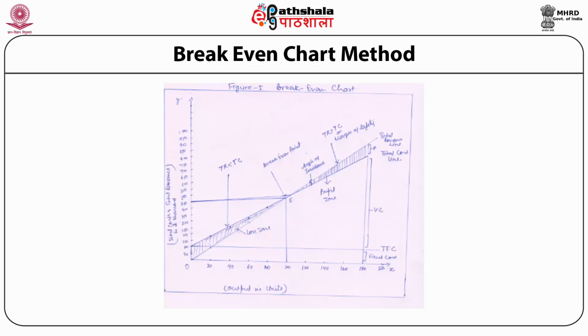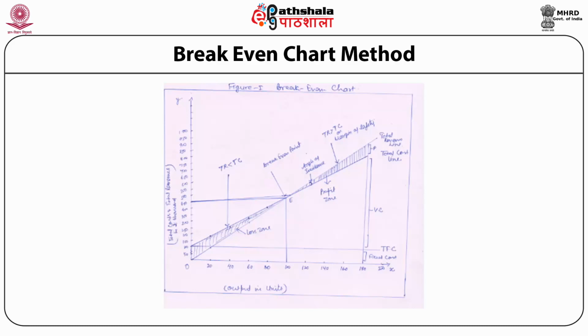First is the total fixed cost, which is horizontal to the x-axis, as it remains constant. Then we have the total cost curve that starts from the fixed cost, and then we have the total sales line. The point where the total sales line intersects the total cost line is the break-even point.